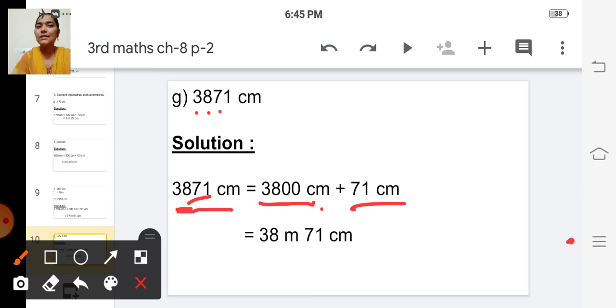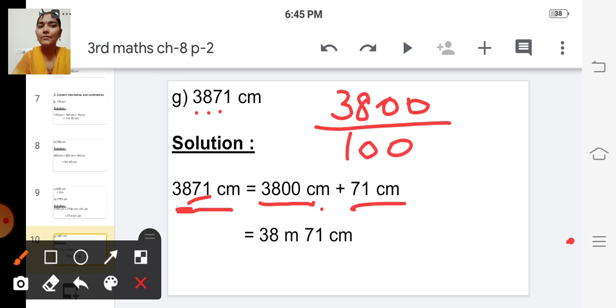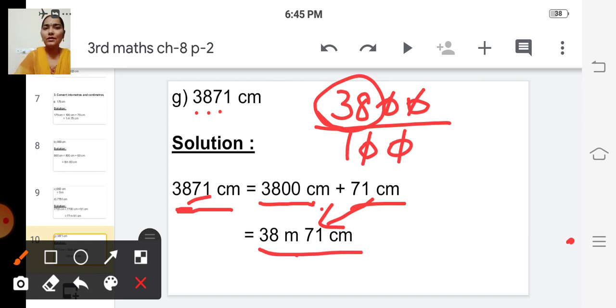And to convert centimeter into meter, what we have to do? We have to divide, right? So 3800 divided by 100, and cancel common number of zeros. Then what we will get? So we will get 38 meters and write the 71 centimeters as it is. So the answer is 38 meter and 71 centimeter.